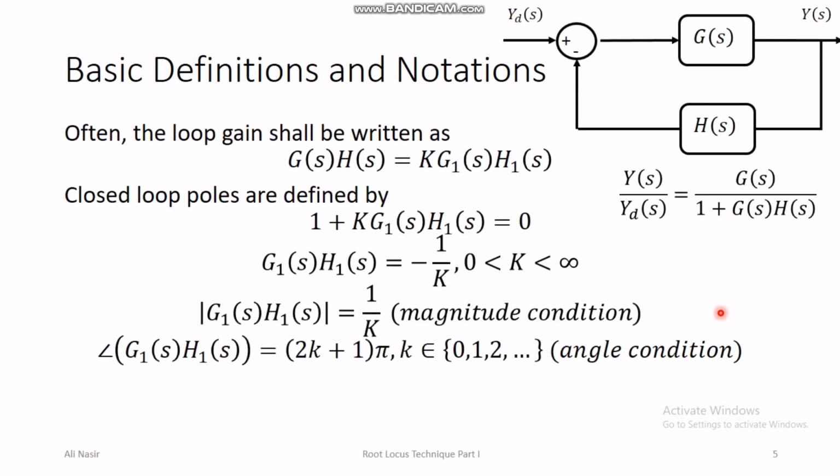Then we have basic notations, magnitude condition and angle condition. These are based on this closed loop characteristic equation. And we have defined the open loop transfer function in terms of gain k, that is basically the gain of the root locus.